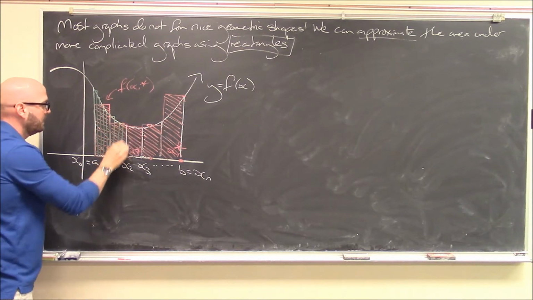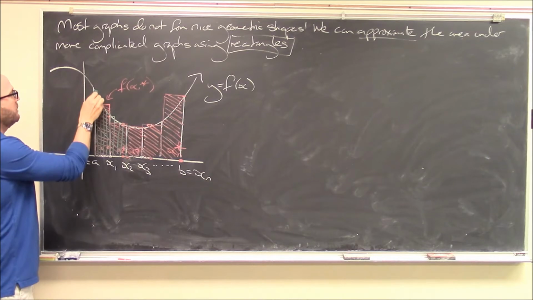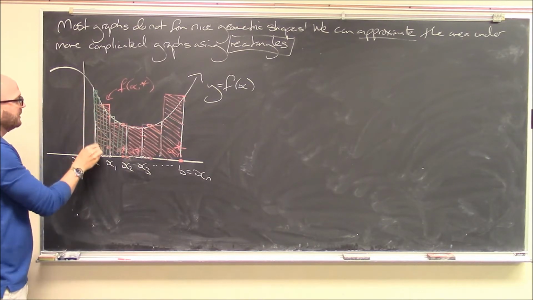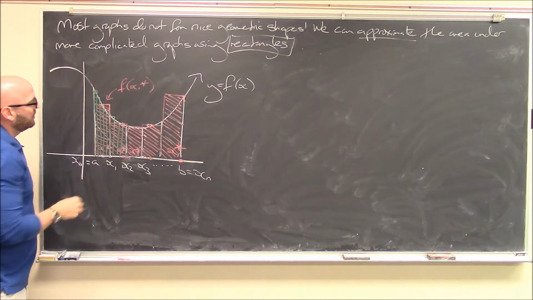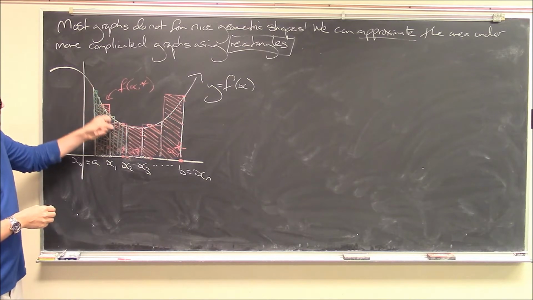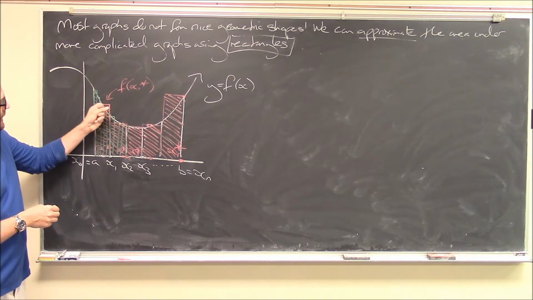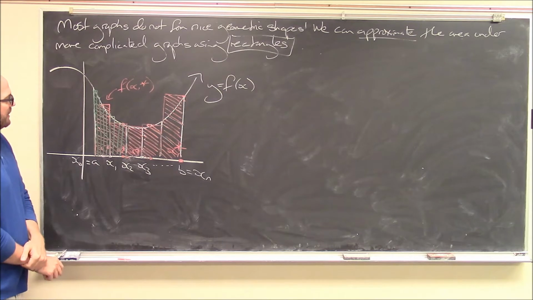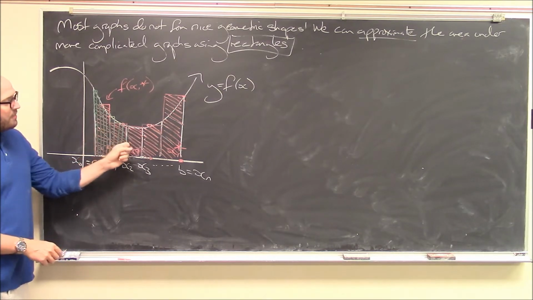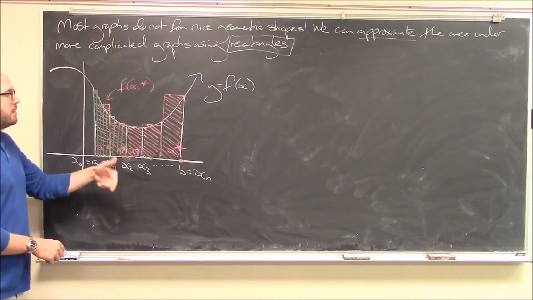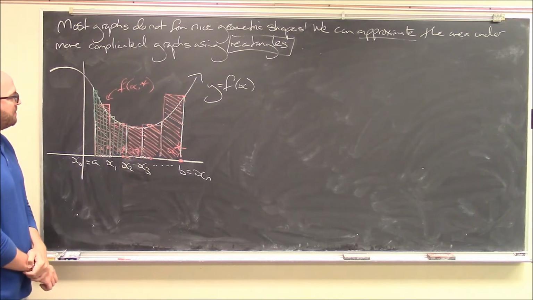I don't know how well it's going to show up on the camera here, but since these are so much thinner, they don't hang over the curve nearly as much. So if you use more and more rectangles, you get better and better approximations.